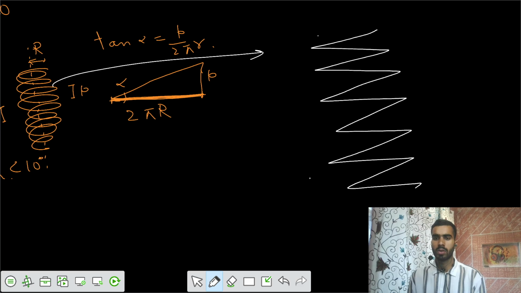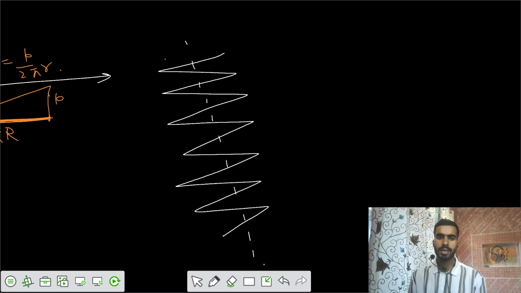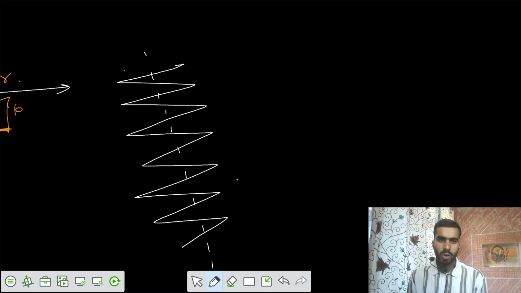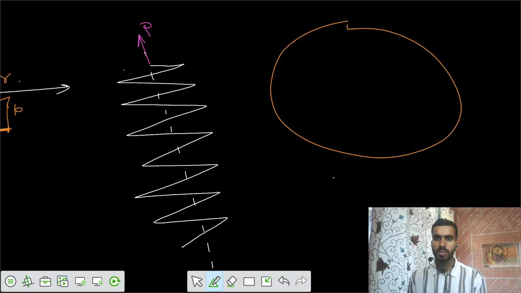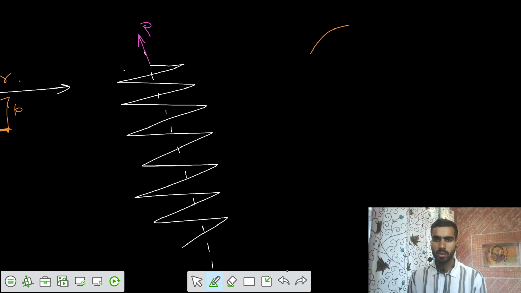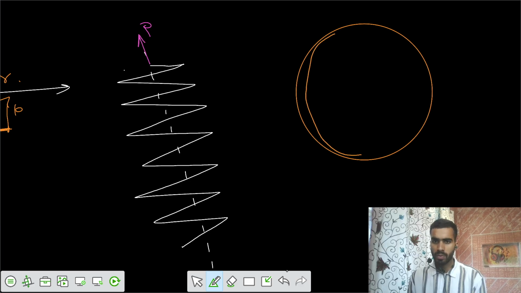There might be some helical axis, and we say you apply a load of P upwards, and to show that in the top view, I would show it in this fashion. So there would be some diameter of that spring also.